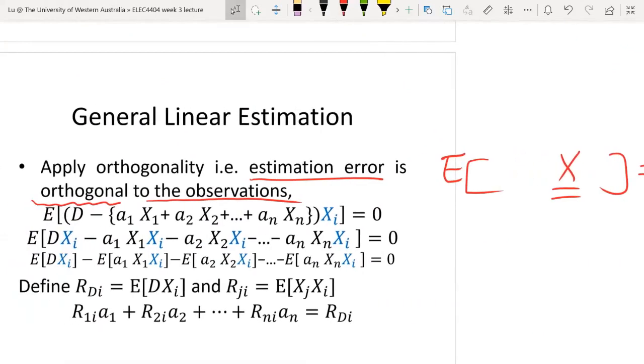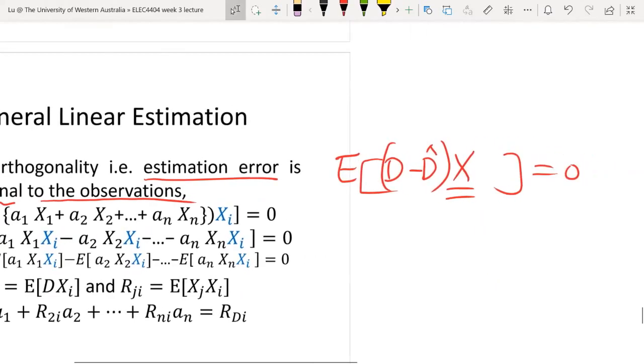And the other thing will be the estimation error, the difference between the desired signal and our estimation. Okay, this is the idea about how to use the orthogonality principle to finish the design of the linear minimum mean square error estimator.